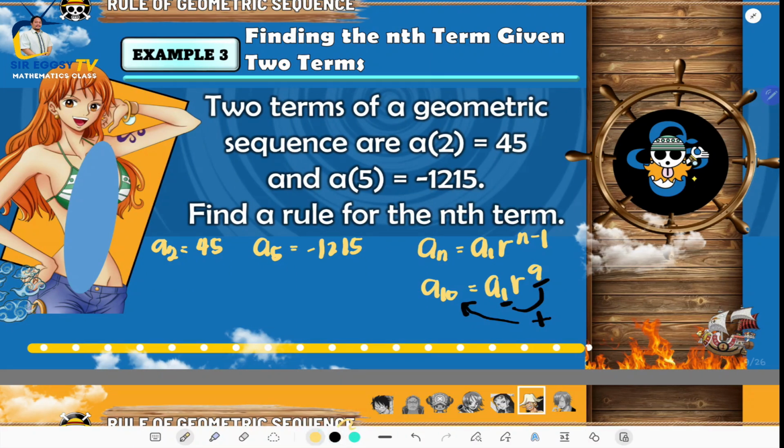So 1 plus 9 is equal to 10. By following this idea, we can use a sub 5 and a sub 2. Since we have already 2 as the subscript of a, then let's have the common ratio with an exponent of 3, because 2 plus 3 will give us 5.